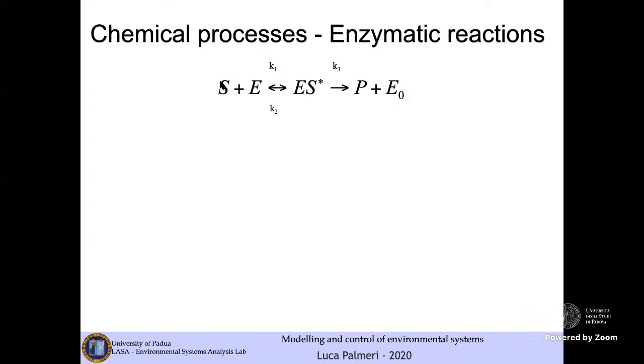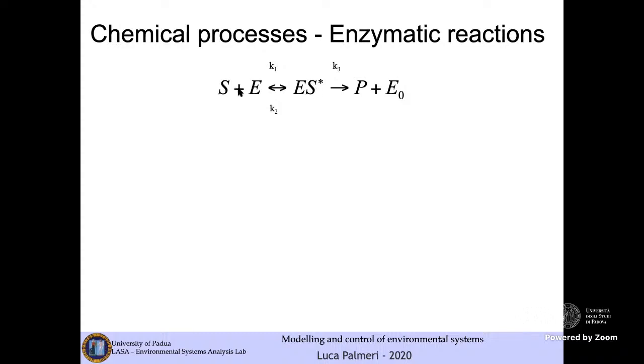By employing our modeling of a chemical reaction, we may write that the substrate plus the enzyme is transformed by a forward reaction whose equilibrium constant is K1, so that the ES star, the activated complex, a kind of chemical bonding between the enzyme and the substrate, is created.